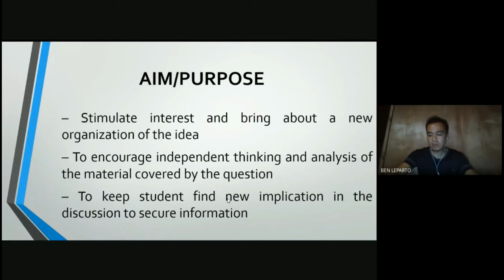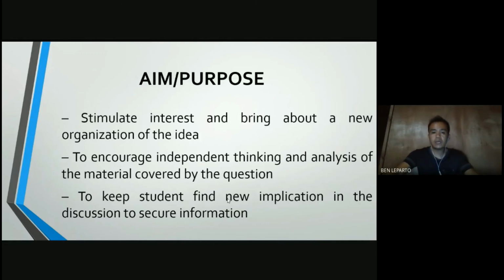Number one, be brief and definite so that only one meaning is possible. Use language which is within the comprehension of the students. Since our mode of delivery is English, our teacher was always questioning us in English, because it is vital to use language within the comprehension of the students.